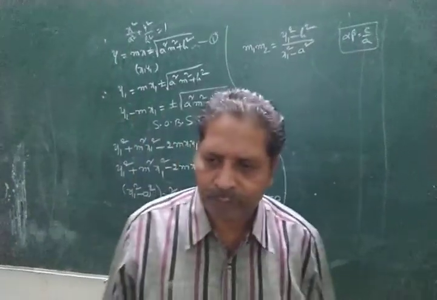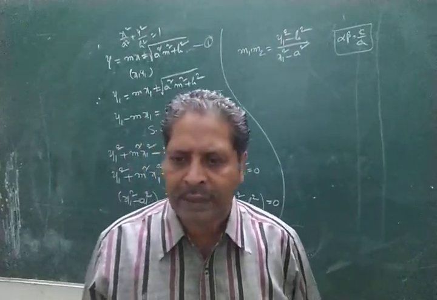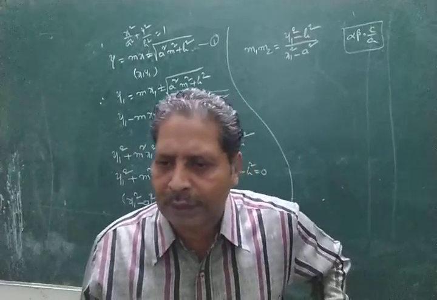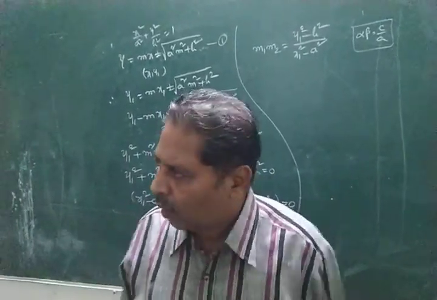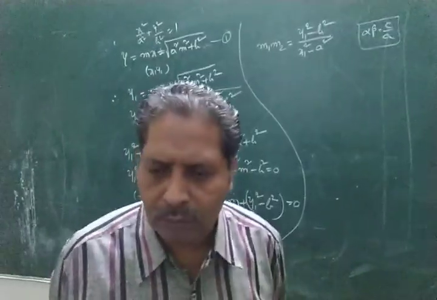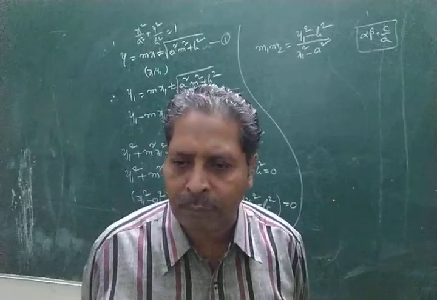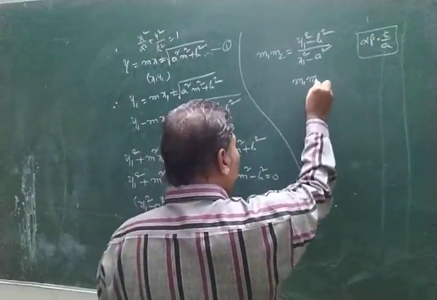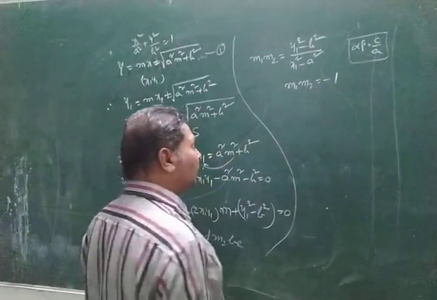Write the notes. Clearly, the tangents are perpendicular to each other. Therefore, m1 into m2 equal to minus 1.